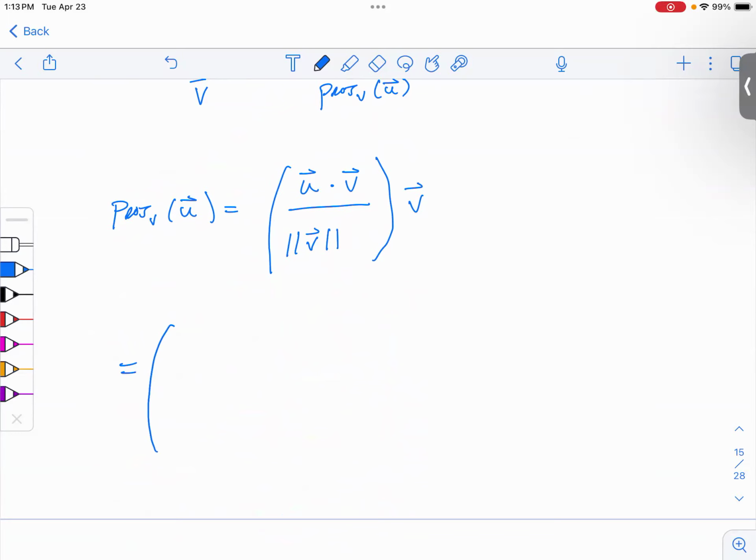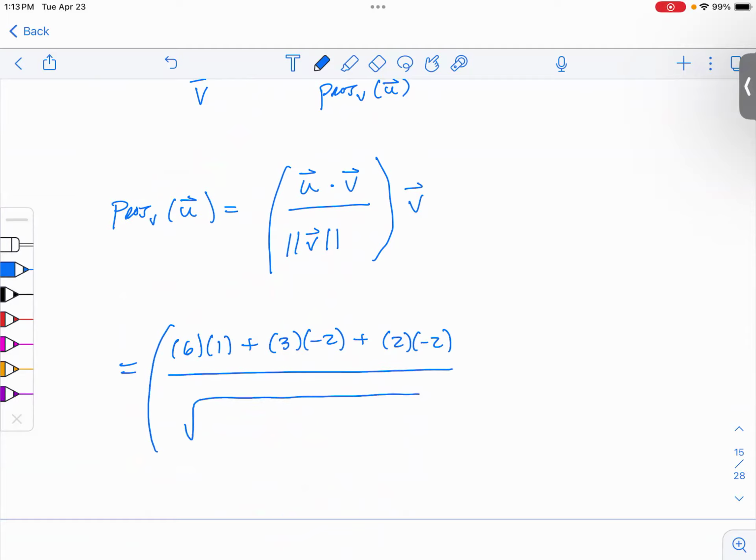So dot product first. Magnitude of v. And you could do those calculations slower, but they're not hard.